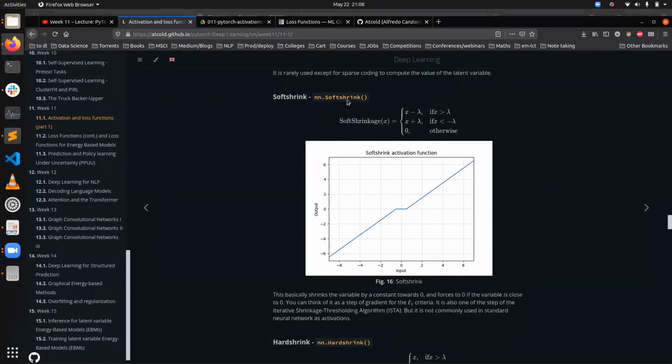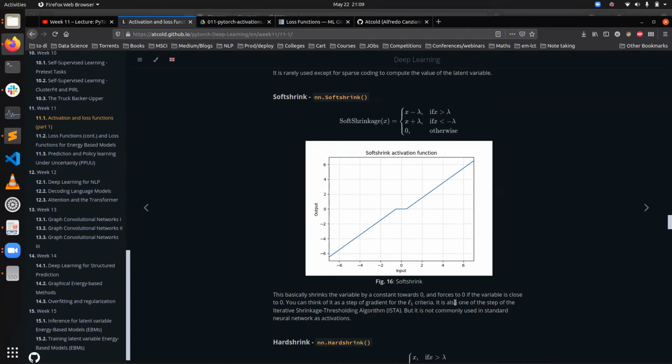Does anyone know the relation between soft shrink and L1 loss? You can think of it as a step of gradient for the L1 criteria. If you're very close to 0 here, your output is also going to be 0, so your loss will also be 0.